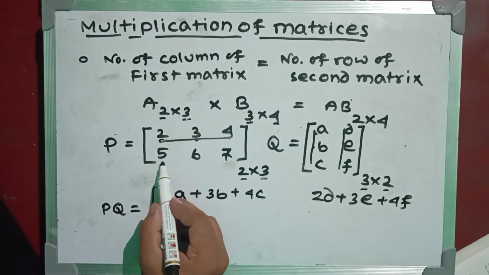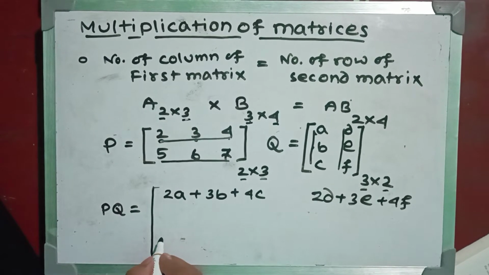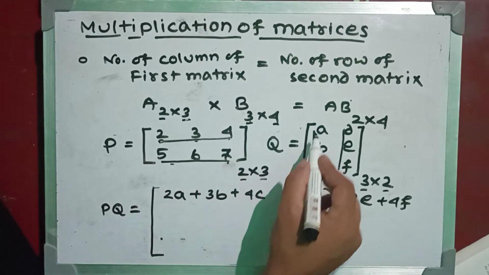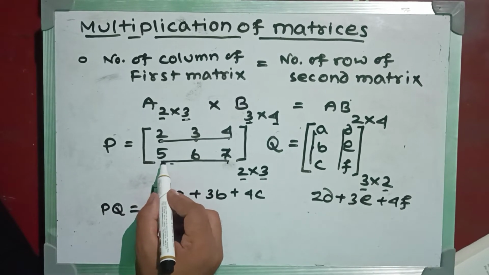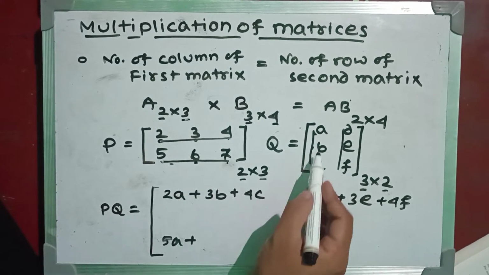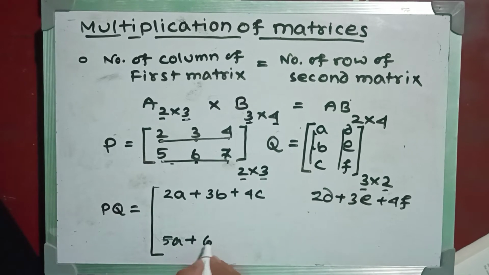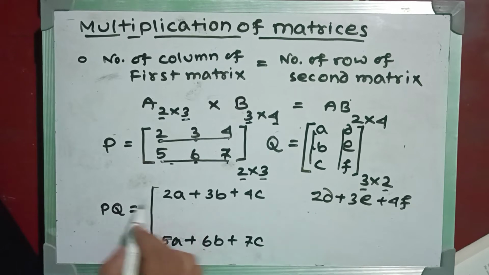Now we will go for the second row. So we will position the second row in the second row. Second row, first column. And we will multiply the first element 5 and the first column element A. So 5A plus the second element 6B plus 7C.